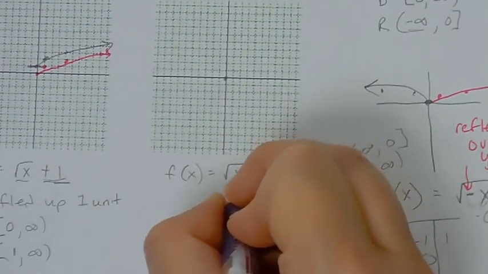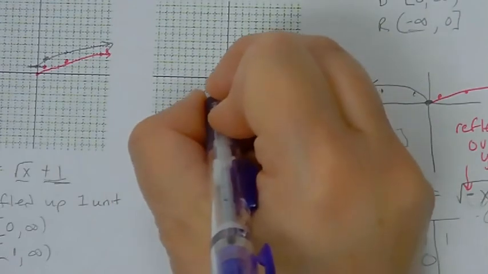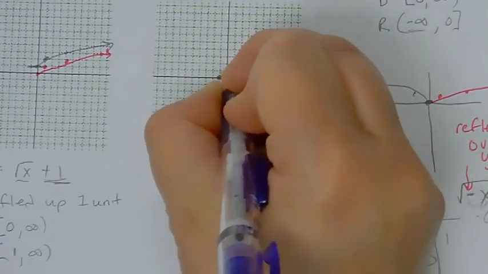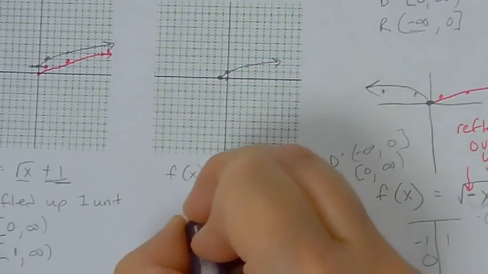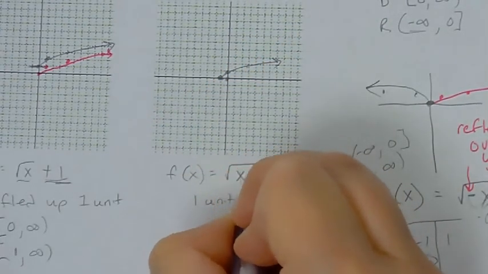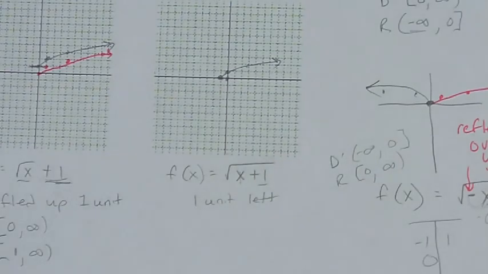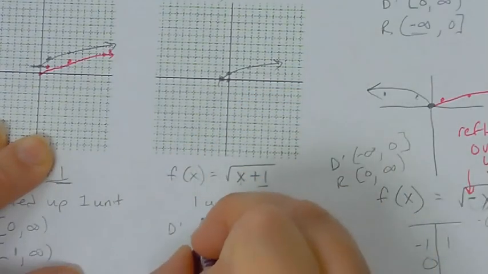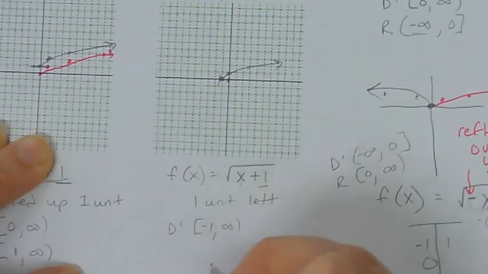So what would make this whole thing 0 is if x was negative 1. So it's going to shift this entire graph over 1 unit to the left. So what's going to be affected here is the domain. This time the smallest x value we have is negative 1, but the y value actually remains the same.